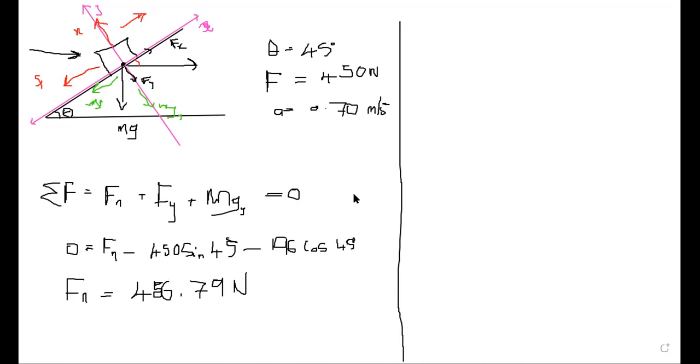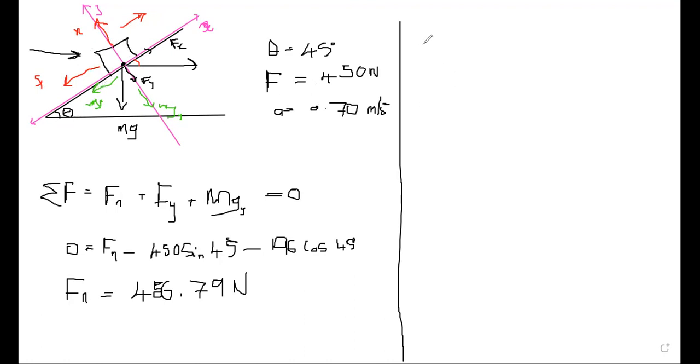Then we sum these forces in the x-axis. So in the x-axis, what forces do we have? We have this force in red going downwards towards the negative, and this force going to the positive. Then we also have the component of the force being applied and the component of the weight of the box.